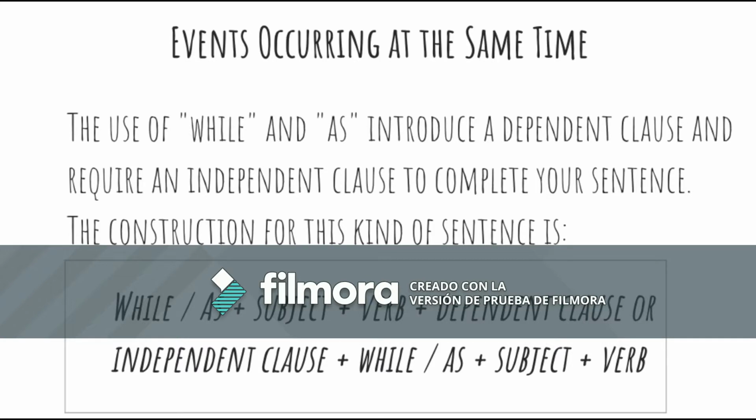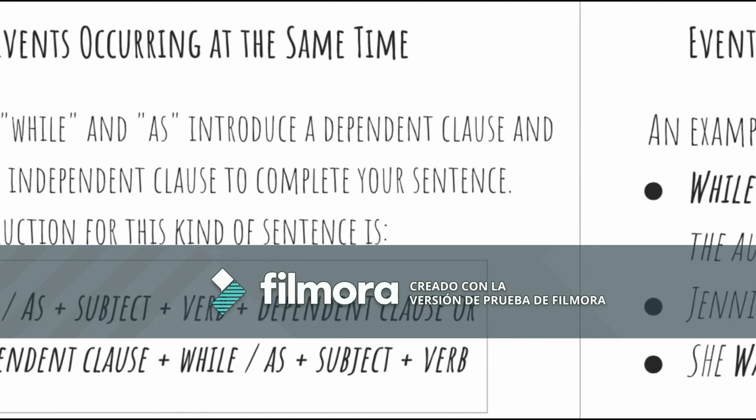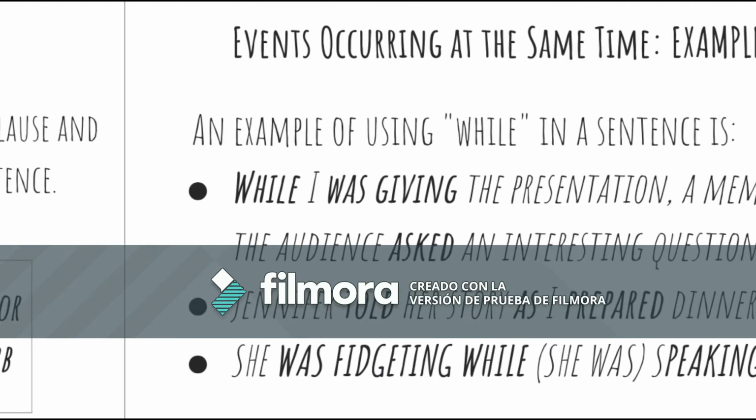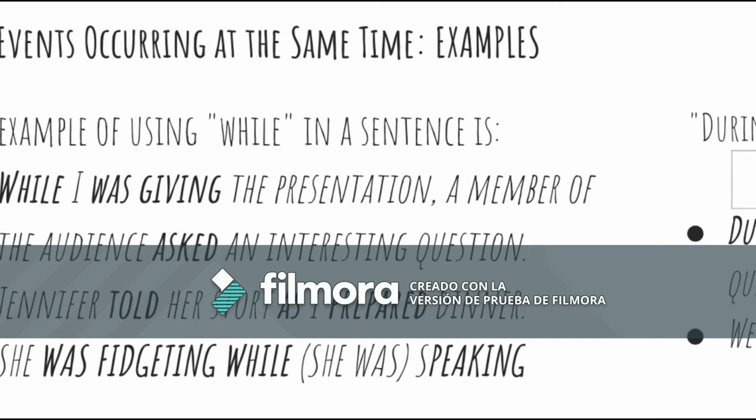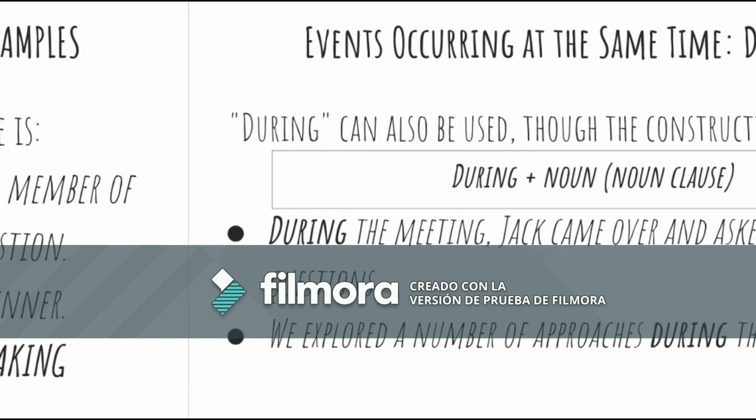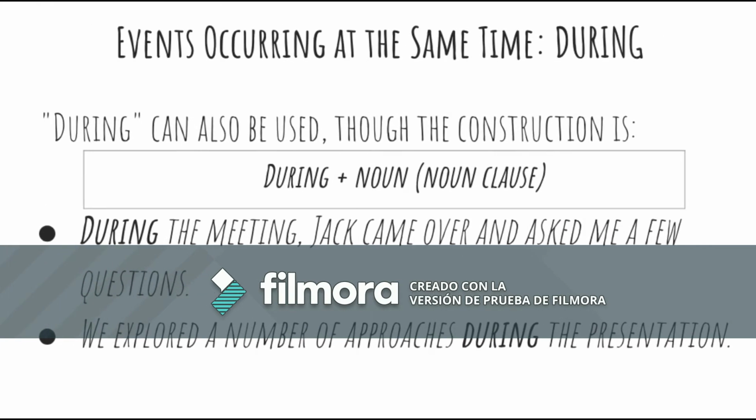Remember that in this case, we should use a clause after these expressions, and the verb should be in the past. There are different kinds of past tenses. For example, while I was giving, this is past continuous, the audience asked, or both in the past, Jennifer told her story as I prepared dinner. You can follow the examples.